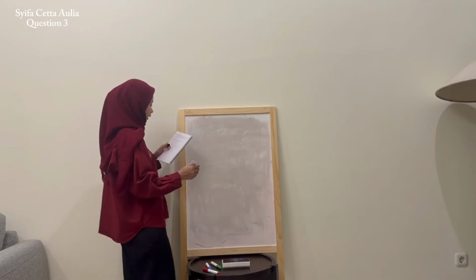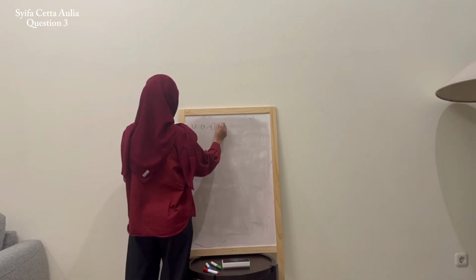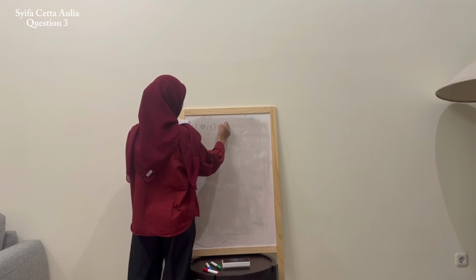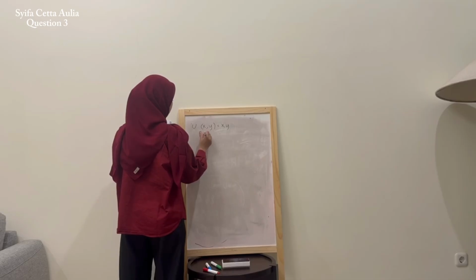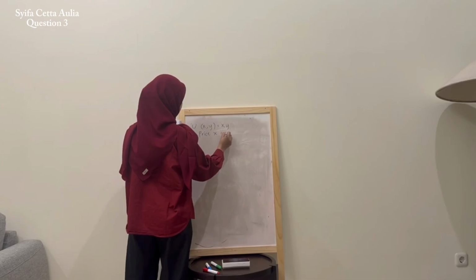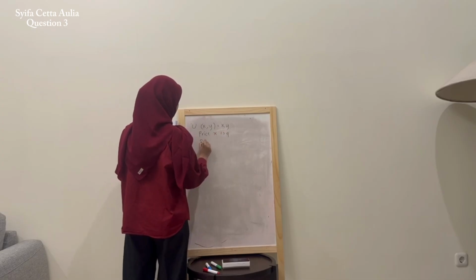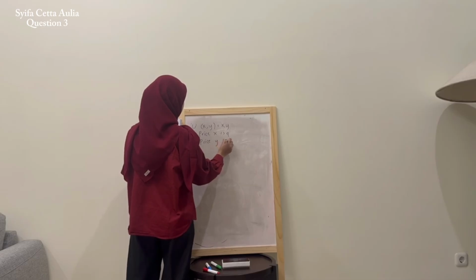The function to maximize here is u of x, y equals x y, and the price for x is 4, the price for y is 2.